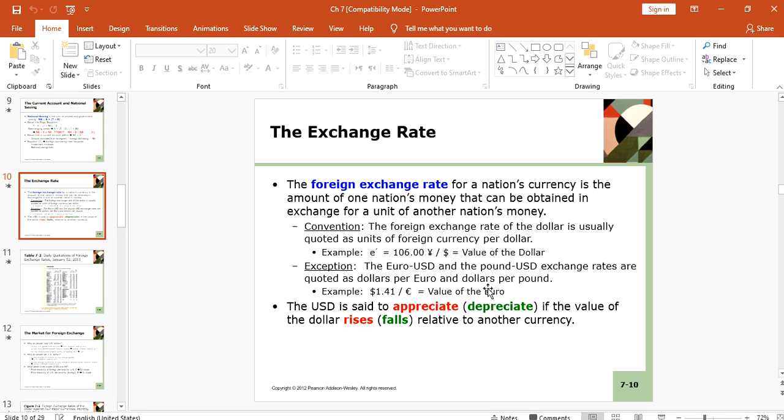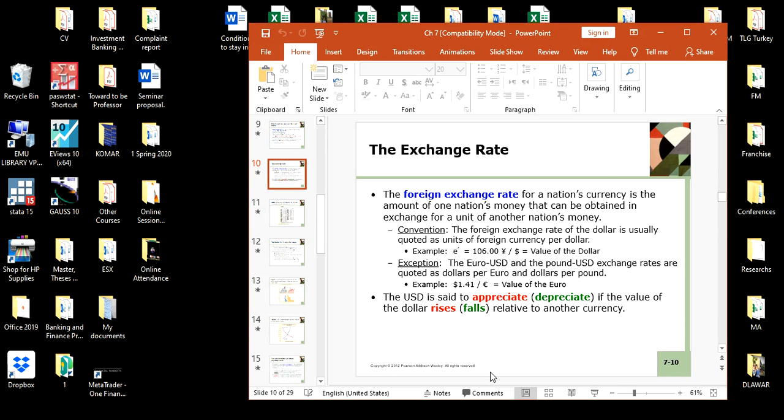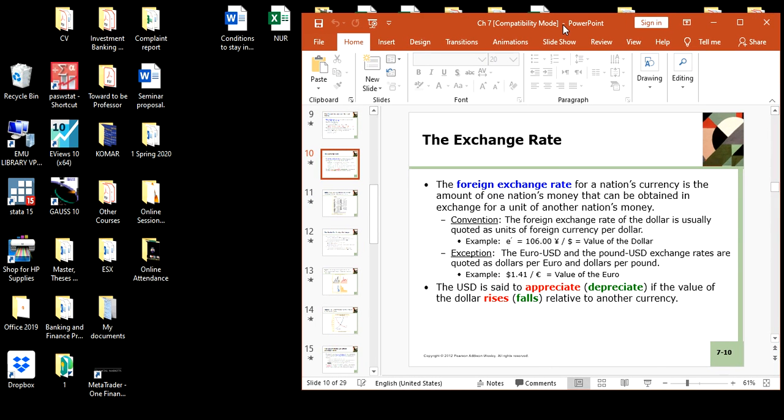We know what it is. So there are two quotations to express the currency. One of them is conventional, where we express the value of $1. Let me write this down for you.